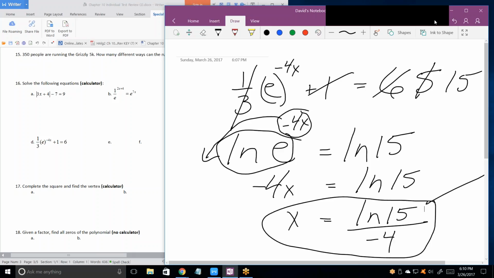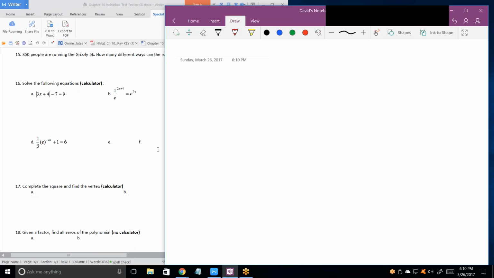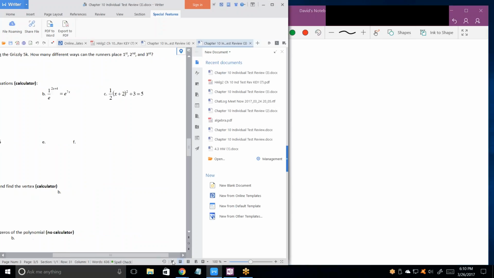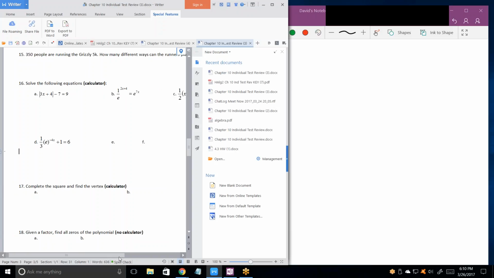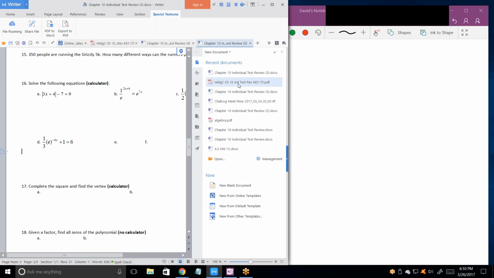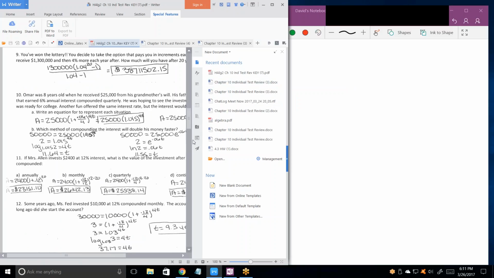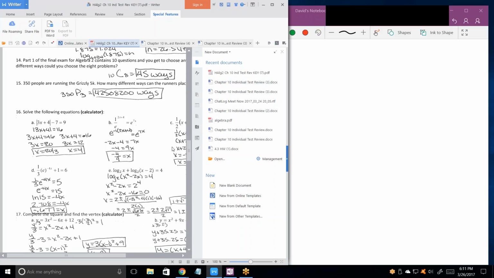Now, is there a reason that E and F are missing? Because I have them on my key. I have no idea. Now let's go to the key. So we want to do 16E. Hold on, maybe I have to double click that. Yeah. 16E. I'm going to write it, and then we're going to do it.